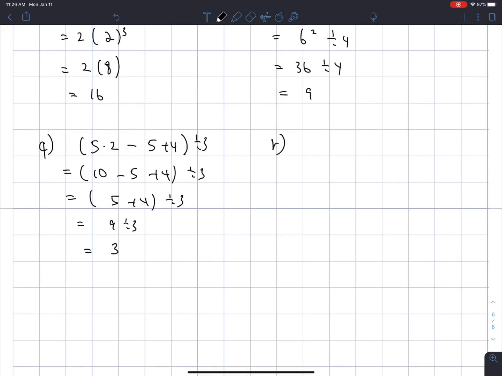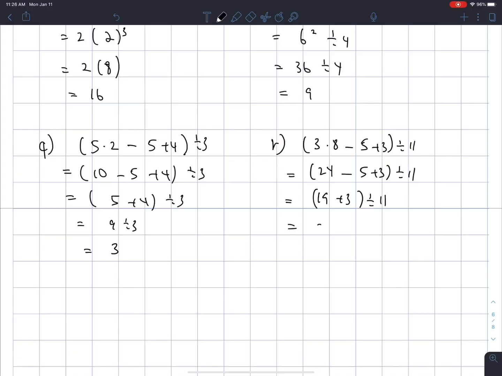And the last one is R. 3 times 8 minus 5 plus 3 divided by 11. 3 times 8 is 24. And then 24 minus 5 is 19. And 19 plus 3 is 22. 22 divided by 11 is 2. And that's it for question 2. I'll see you in question 3.